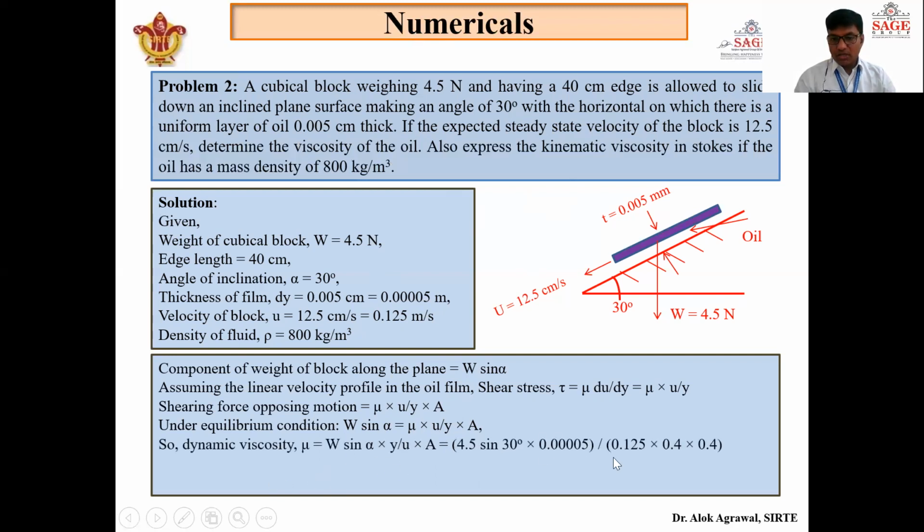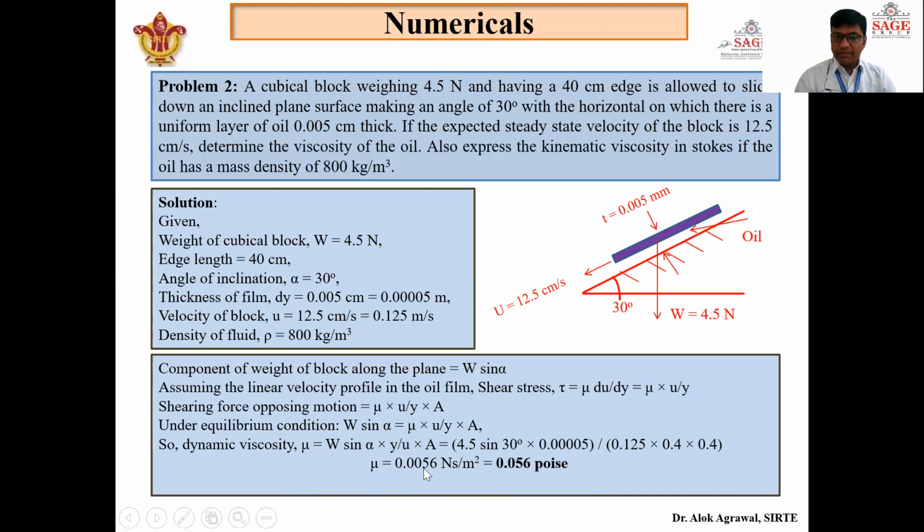When we substitute all the values, we take mu on the left hand side and the rest on the right hand side. We get dynamic viscosity as 0.0056 Newton second per meter square, which can also be written in poise, that is 0.056 poise, by multiplying this by 10.